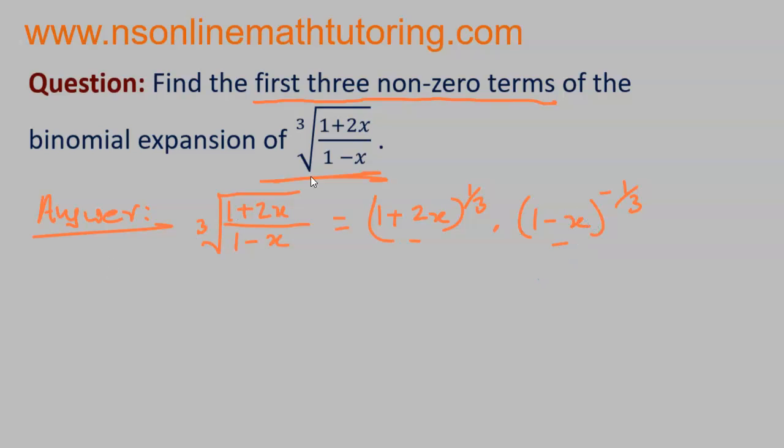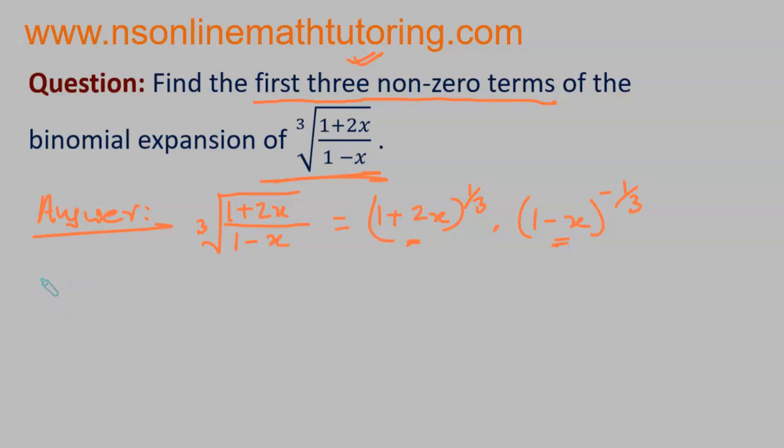So let us expand, and they are asking us to give the first three non-zero terms. We do not know how many terms we require, how many terms will be 0, we have no idea. But first of all, since they are asking for three non-zero terms, let us at least take 4 terms for each of these two binomial expansions. And if we require more of them, then we can get the others as well, because both of them will be infinite series.